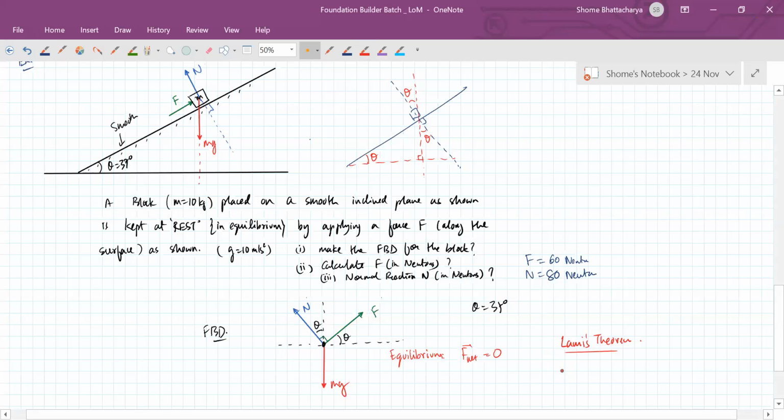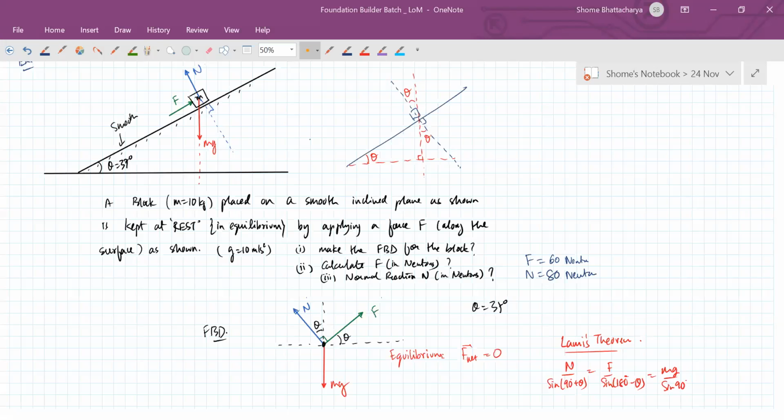So Lamy's theorem, what will happen? N divided by the angle opposite to N, which is sine of 90 plus theta, will become equal to F divided by the angle opposite to F, so that is sine of 180 minus theta, and that should be equal to mg divided by sine of the angle opposite to it, which is 90 degrees.